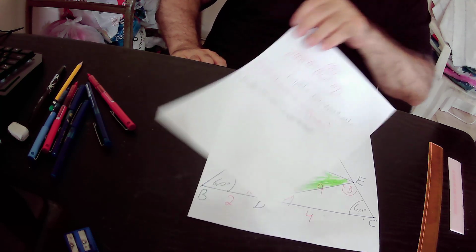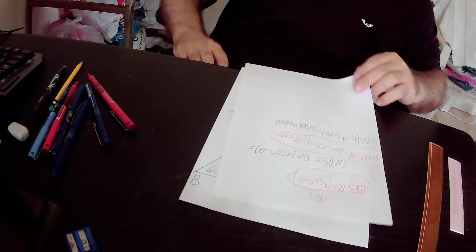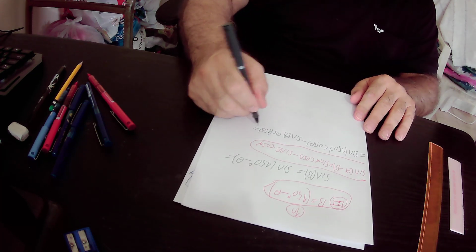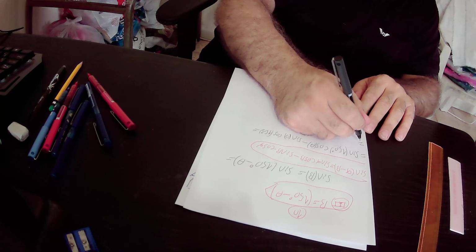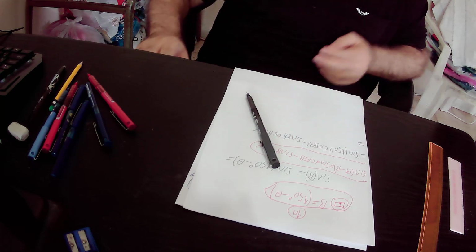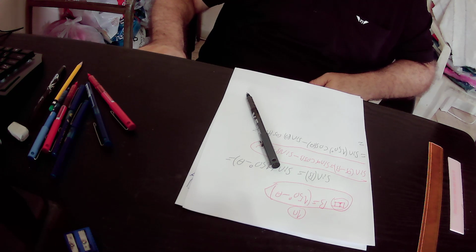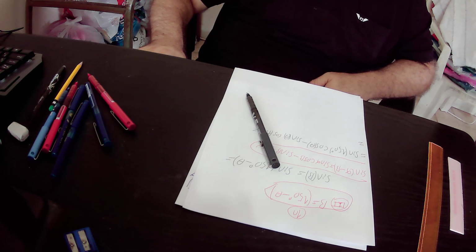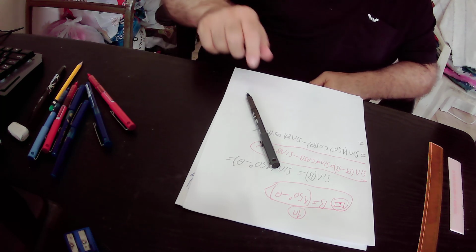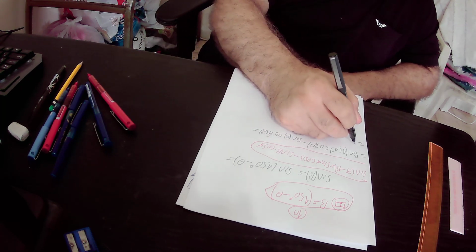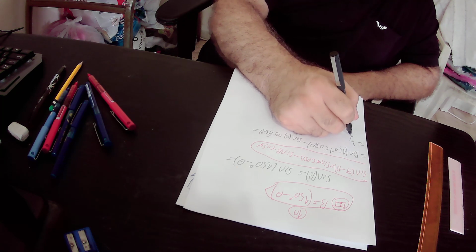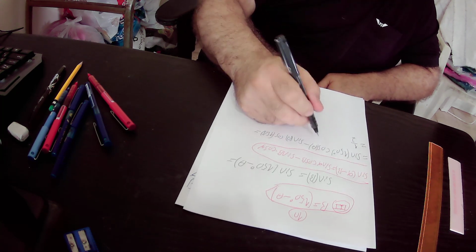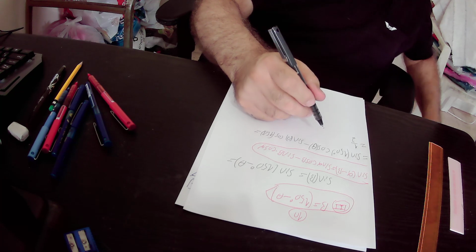Okay, but what is the value of sinus 150 degrees? The value of sinus 150 degrees is 1 over 2, multiplied by cosinus theta.